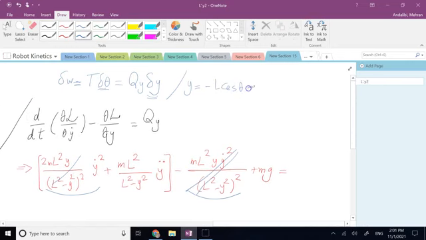And if you take a variation from both sides, it's going to be delta y is equal to positive L sine theta variation theta. Okay?